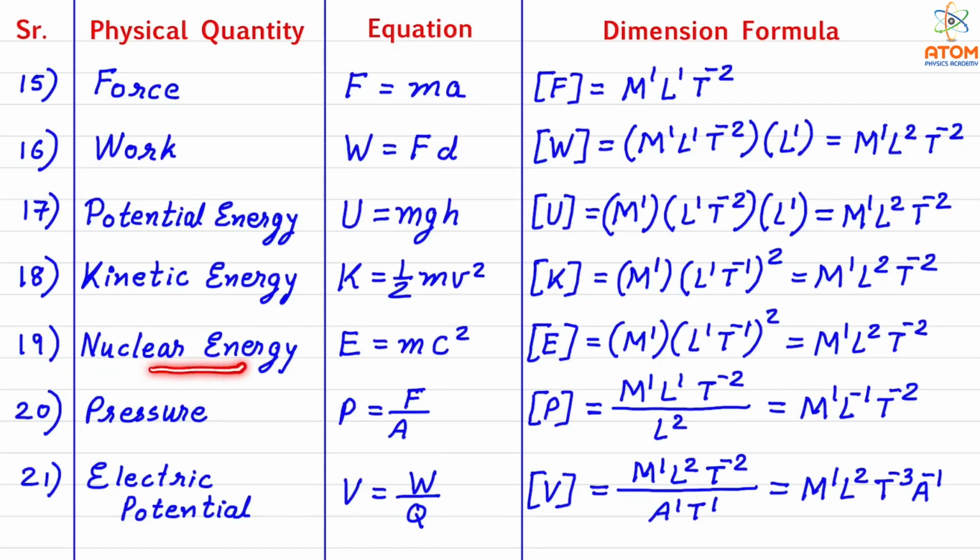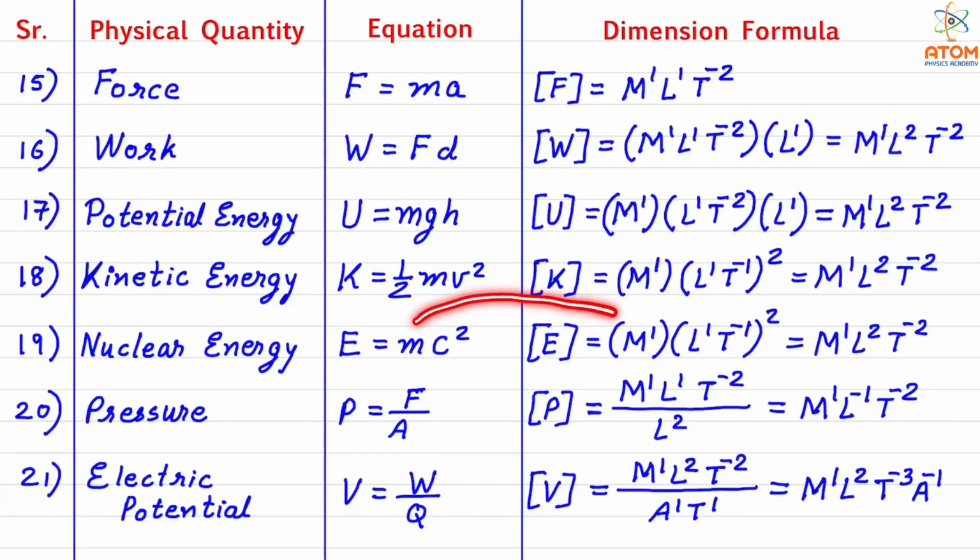Nuclear energy. The equation is E is equal to mc square, or sometimes it is also given as delta mc square. This is the equation, a famous equation given by Einstein, you know that. So this is nuclear energy, and here is mass and c is velocity. It is velocity of light.